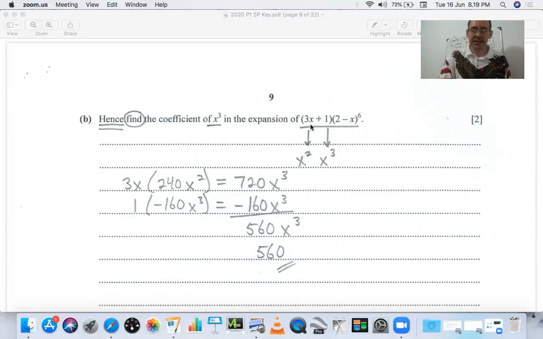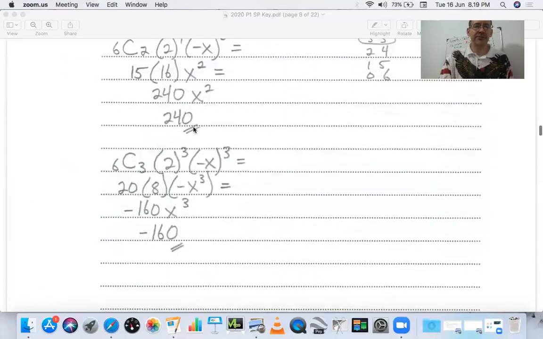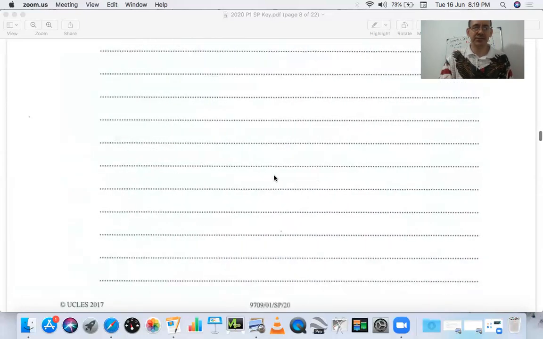So in order to get an x cubed, this binomial has to be distributed through the binomial expansion of 2 minus x to the 6th. But we don't need all of the expansion. We just need the part that turns into a cube. So the 3x needs to be multiplied by x squared to get a cube, and the 1 needs to be multiplied by x cubed to get a cube. So we take our 3x and multiply it by the square we had from this one right here, 240x squared.